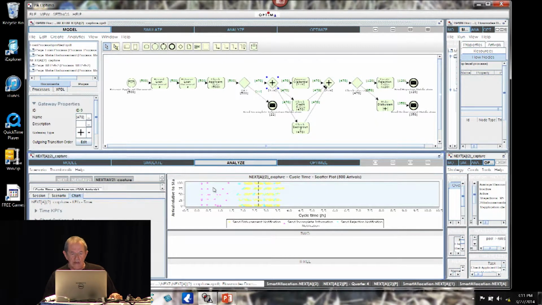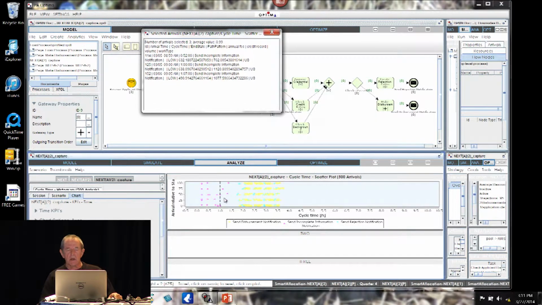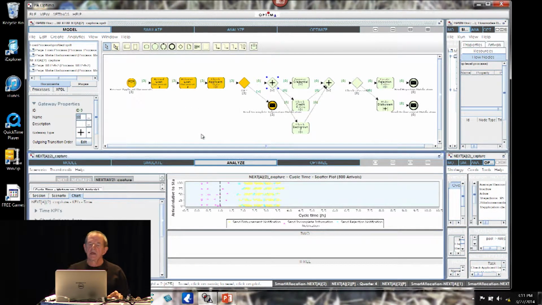So now if I draw a box around some dots here, in any of these areas or any combination, it knows what they are, and it automatically changes all the counts in the diagram to show me for that collection what happened. And you can see all of them had one path, which is the one of rejected because the incoming information is incomplete. So there are a lot of ways of filtering this.